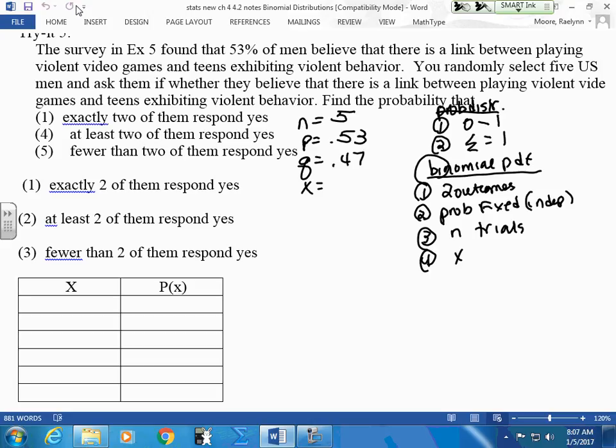And X is my variable. That's going to represent all their possible results. 0, you could have nobody that says that, 1 person, 2 people, and so forth. So this is going to go from 0 to 5. Now I know this is binomial. If my probabilities were going to change from one trial to the next, God bless you, then this is not a binomial.